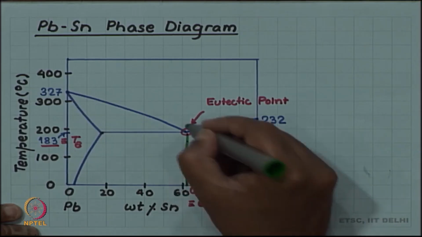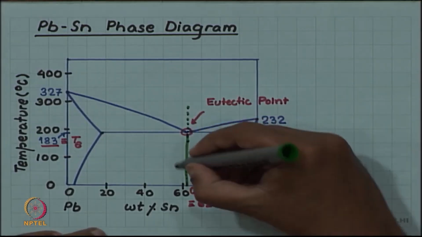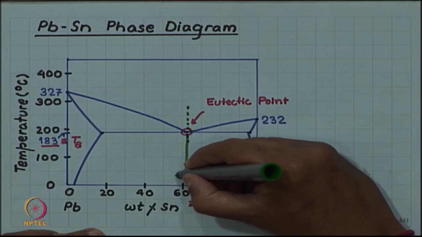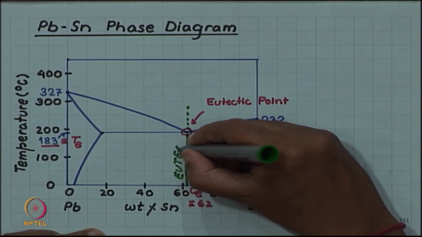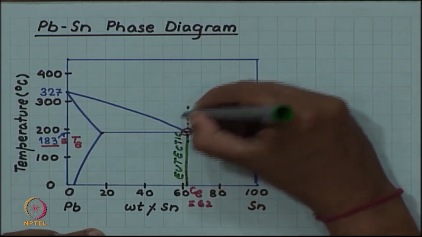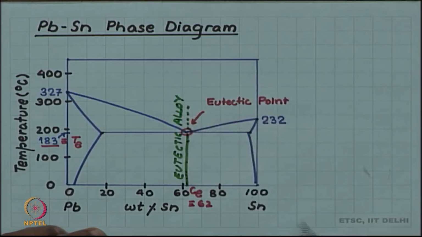So, for this alloy, I am drawing a vertical to represent that composition, it is not a boundary on the phase diagram. This is a eutectic alloy.